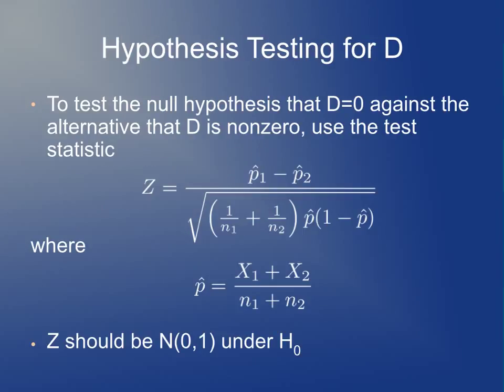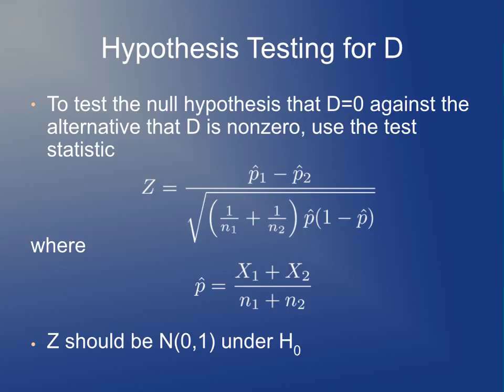And to test the null hypothesis that d equals 0 against the alternative that d is non-zero, you can use the test statistic on this slide. You'll notice that it's a little different than what you saw on the previous slide.